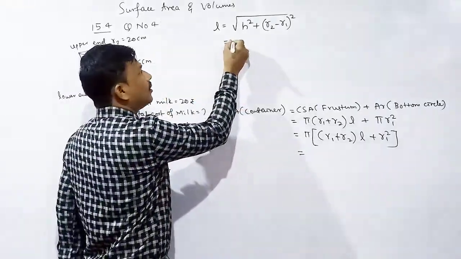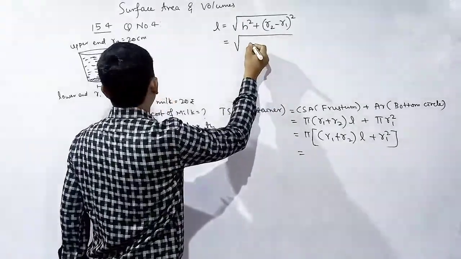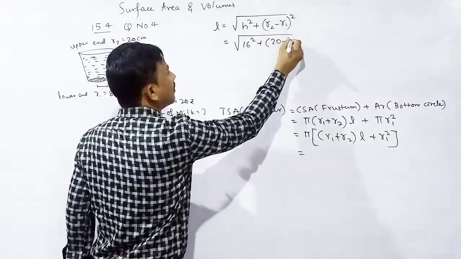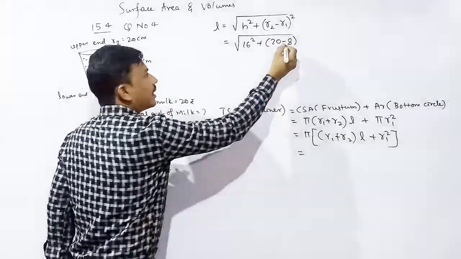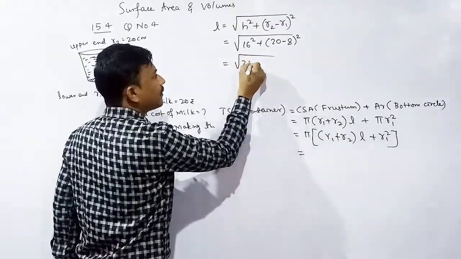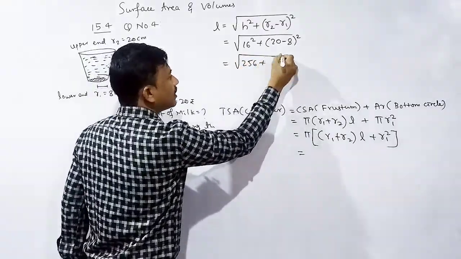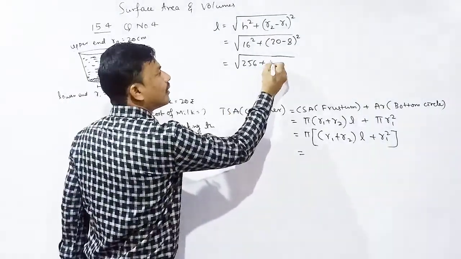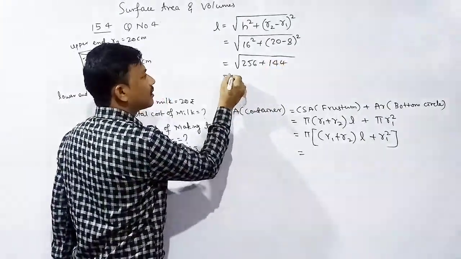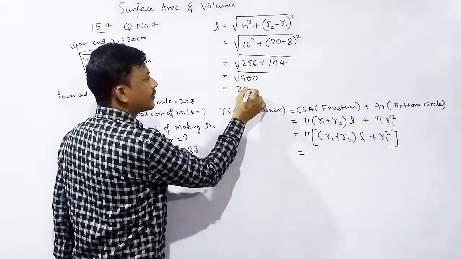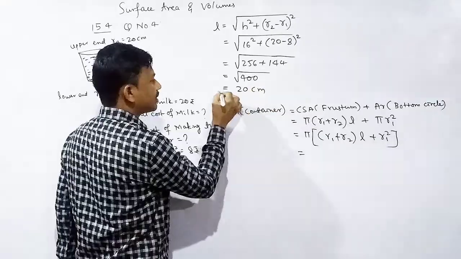What is the h value? 16 square plus, r2 is 20, r1 is 8, so (20 minus 8) square. This is equal to 16 16s are 256 plus 12 square is 144. This is equal to under root of 400. What is the 400 value? 20 centimeter.